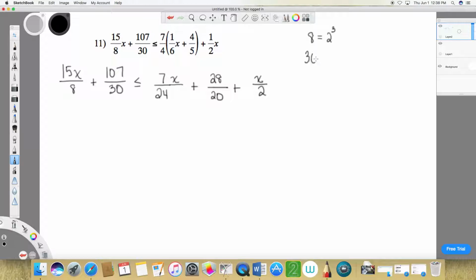What I mean by that: 30 is 3 times 10, but you've got 2 times 3 times 5 is 30, and these exponents are 1.